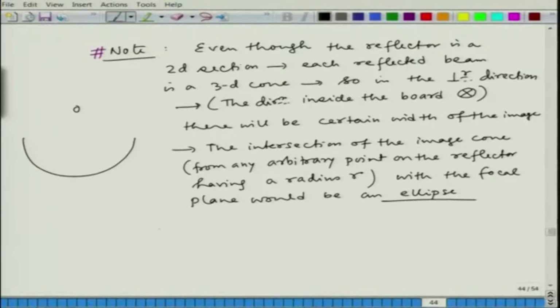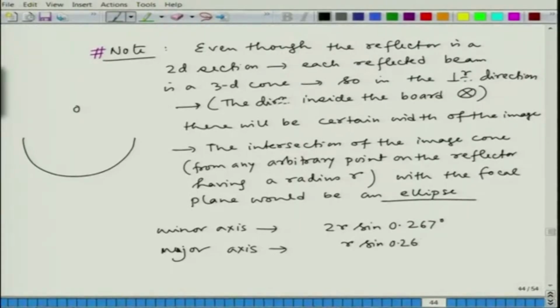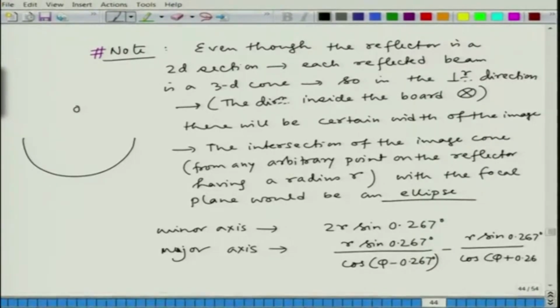So, for that ellipse it can be shown, I am not going into detail, but the minor axis will be 2r sine of 0.267 degrees and the major axis would be r sine 0.267 degree divided by cos of phi minus 0.267 degree, minus r sine 0.267 degree divided by cos of phi plus 0.267 degrees.